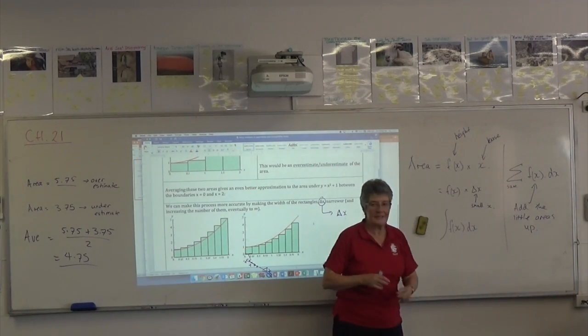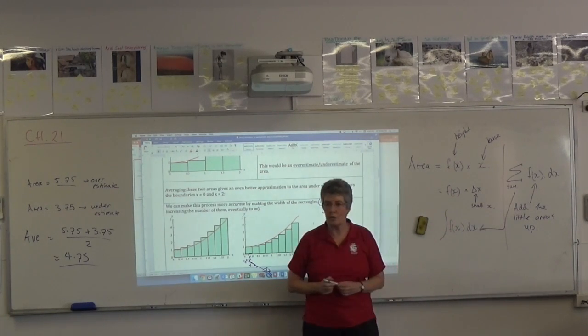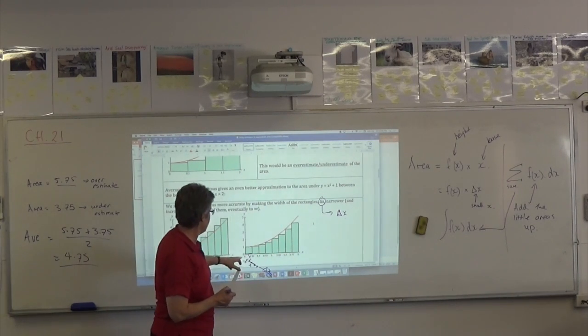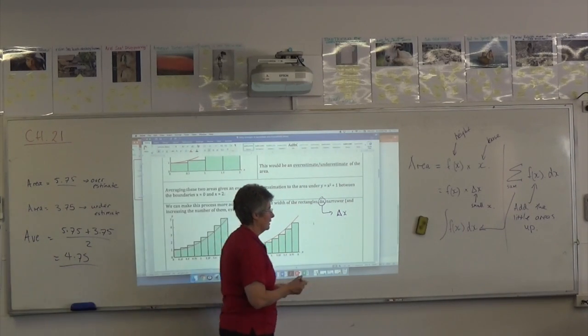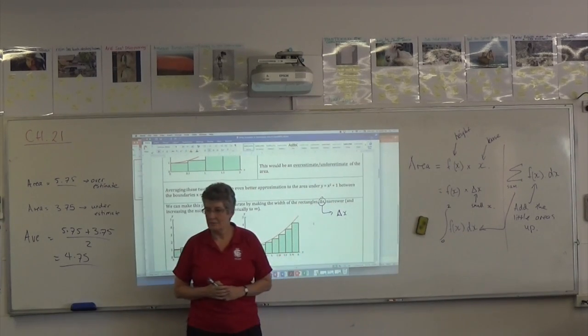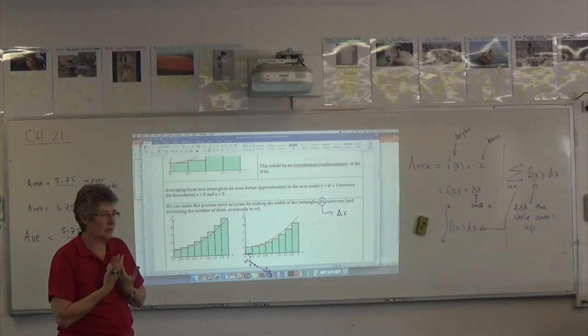And then, instead of doing it, it comes down to a nice little thing of what we call the integral. If I was to find the integral of this, I would say it's between 0 and 2, because that's where my integral is.